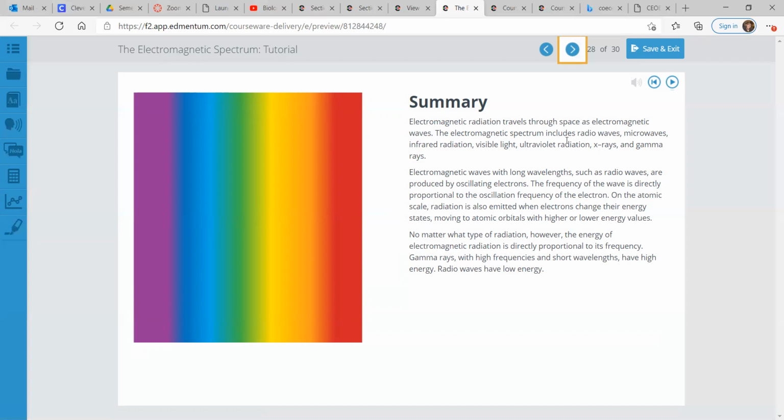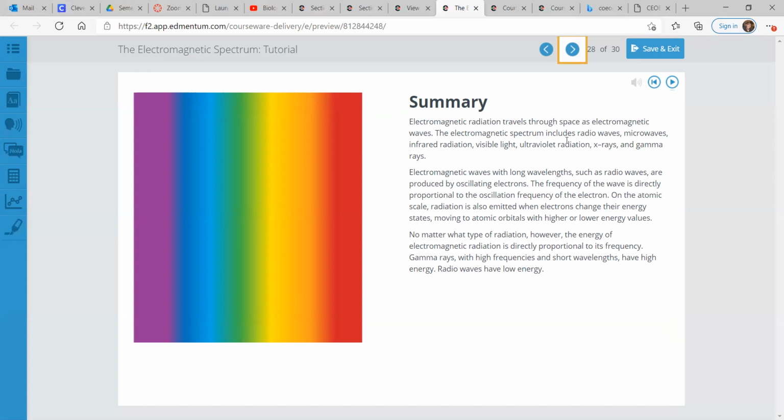Electromagnetic waves with long wavelengths, such as radio waves, are produced by oscillating electrons. The frequency of the wave is directly proportional to the oscillation frequency of the electron. On the atomic scale, so the very small scale, radiation is also emitted when electrons change their energy states, moving to atomic orbitals with higher or lower energy values.